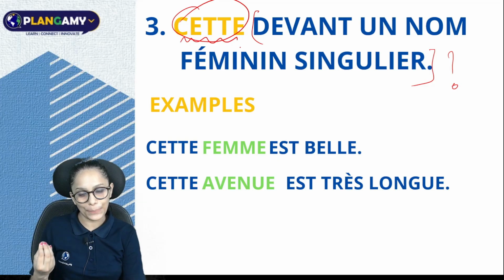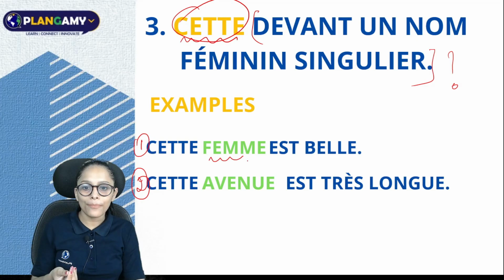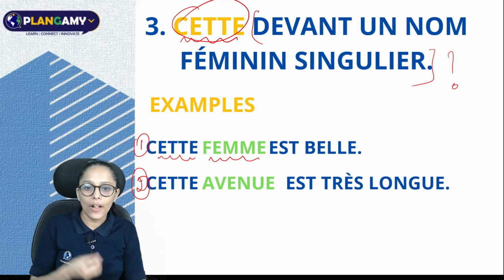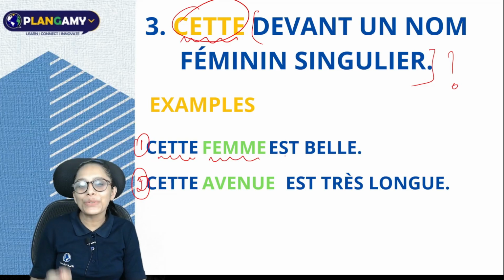C-E-T-T-E, cette. Again we have some examples. Example number 1: cette femme est belle. Femme is a feminine noun and it is singular. This is the reason that we have used here cette. The sentence means this woman or this lady is beautiful.